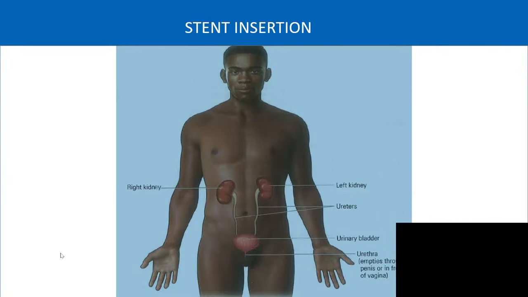If the patient has any stenosis in the ureter, the physician will insert a stent in the ureter. As we have discussed, for example, if the physician inserts a stent in the right ureter, you will code the CPT code along with the RT modifier. That is the thing you need to remember.